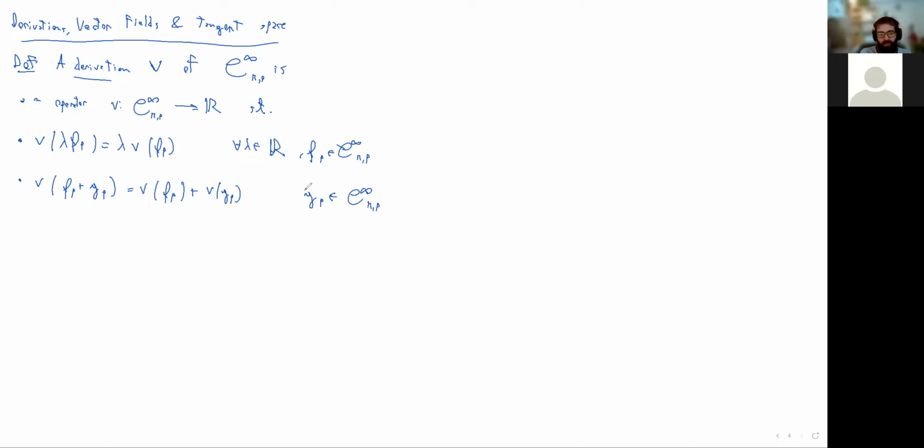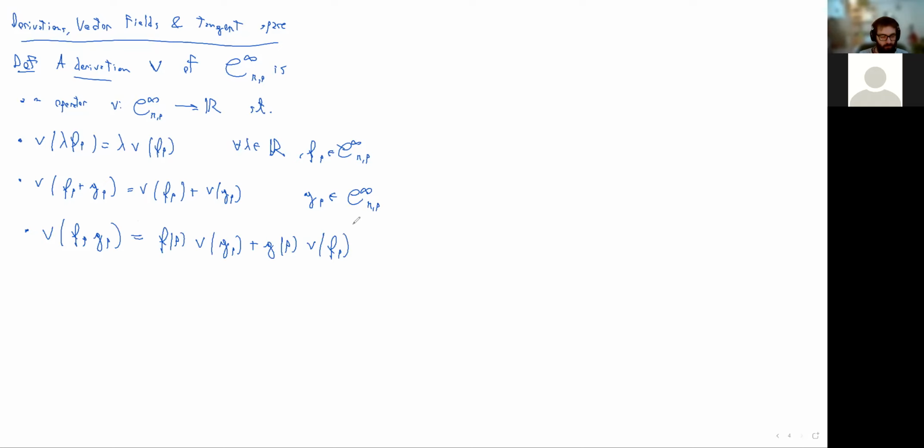So this is just linearity, yeah, and then we have the so-called Leibniz rule, which is really what gives us the derivation. So this is a ring, so we can multiply them, and what you get here is the evaluation of f at p times the derivation of g plus the evaluation of g at p times the derivation of f.